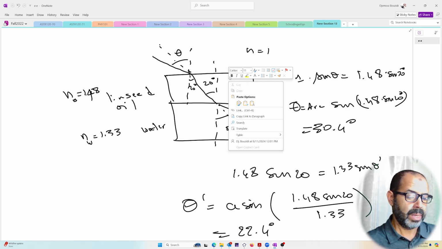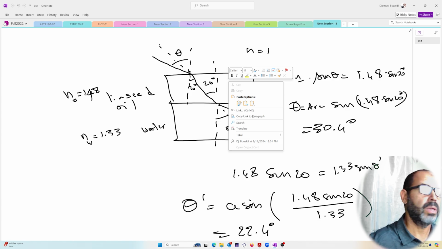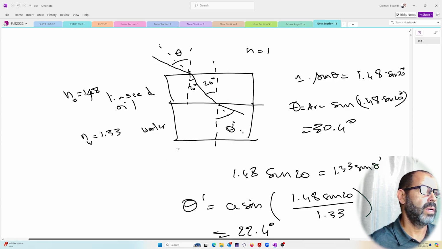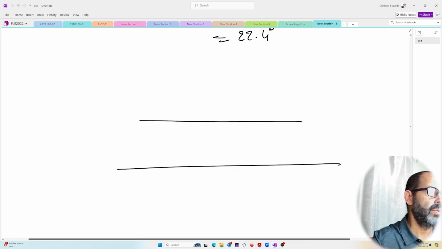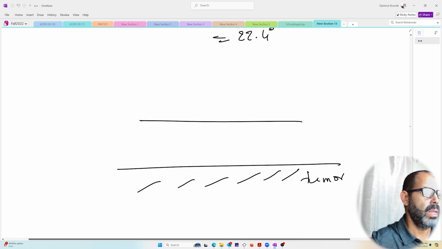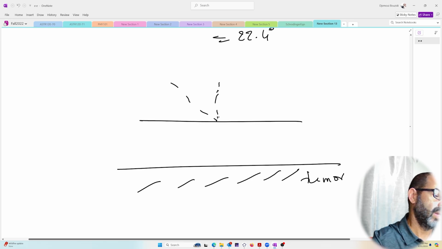Again, I think we did this problem also in class. What we have here is the liver and a tumor. So this is where the problem is. The wave comes in and strikes the liver at an angle of 50 degrees.